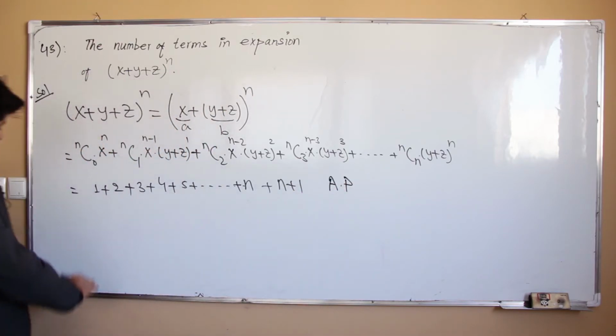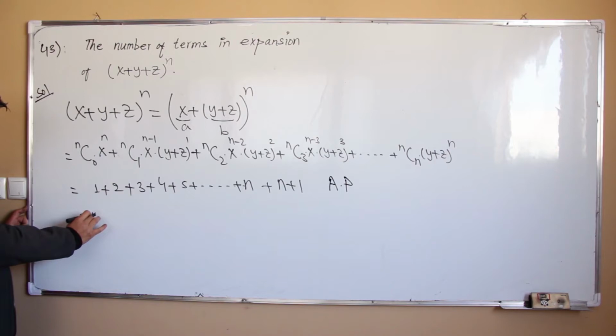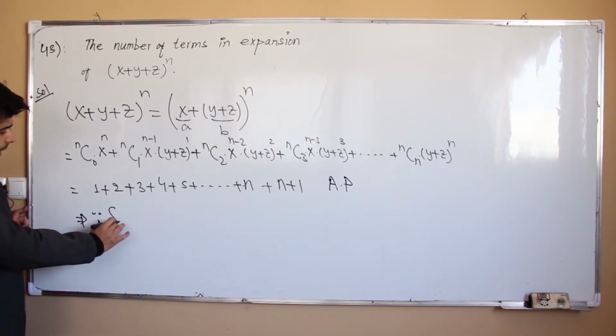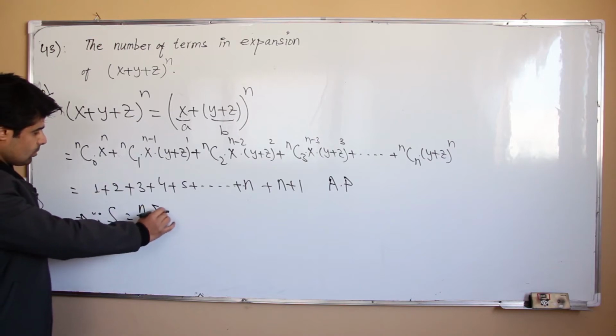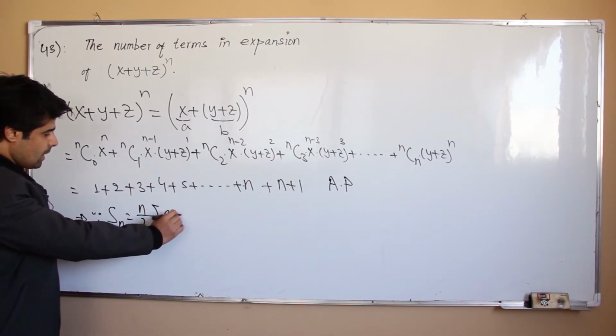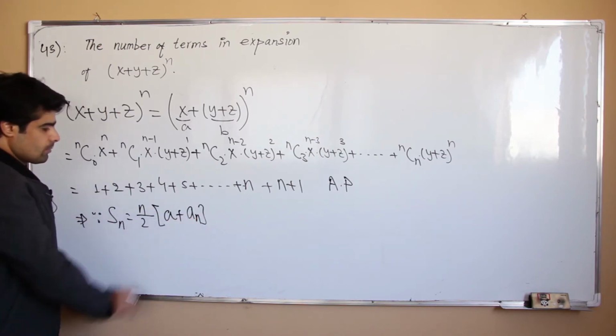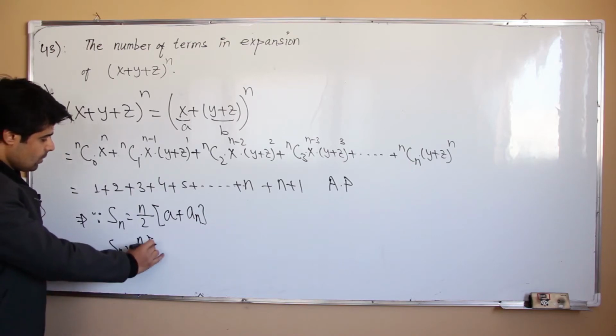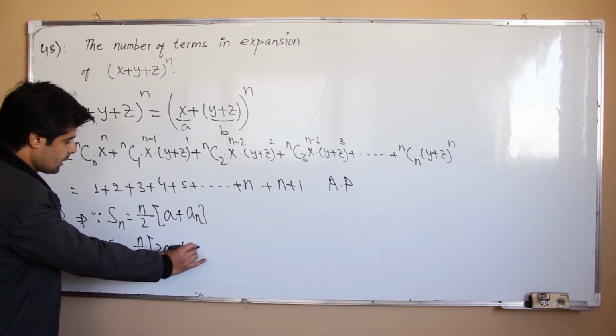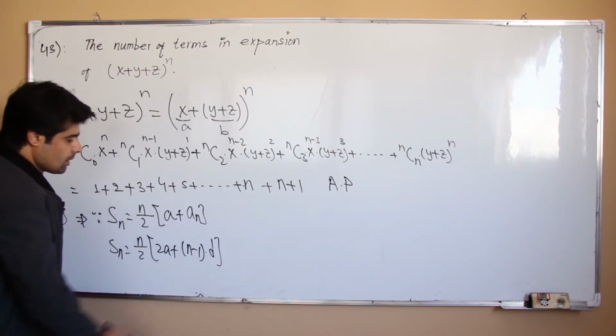In arithmetic progression, the summation Sn is equal to n divided by 2 times (a plus an). Another formula is n divided by 2 times (2a plus (n minus 1) times d).